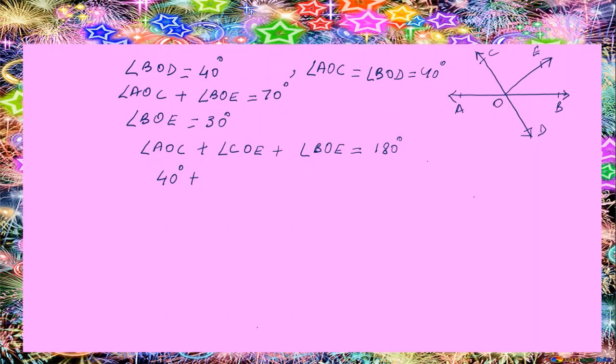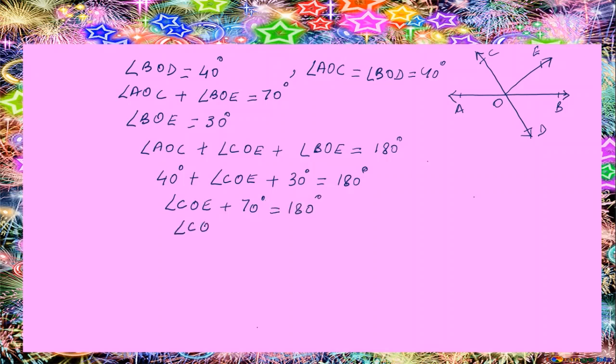this angle COE we want to find out. Yes, angle COE plus angle BOE, which is given to be 30 degrees, equals 180 degrees. So it will be angle COE plus 70 degrees equals 180 degrees.